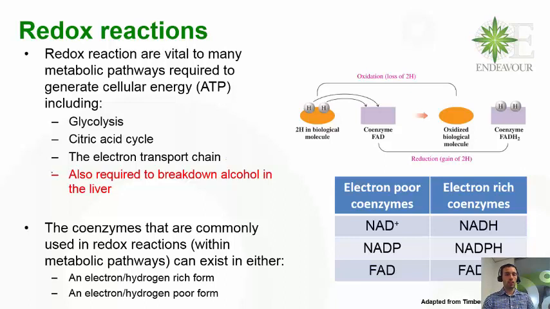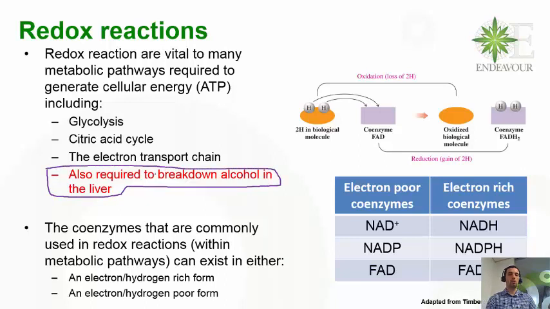And the one we're going to be looking at today is how alcohol is actually broken down in the liver. And this relies on two of these redox reactions where coenzymes are actually used to oxidize the compound. Firstly, ethanol will be oxidized, and then a second compound called acetaldehyde will be oxidized as well, eventually producing the non-toxic acetate.